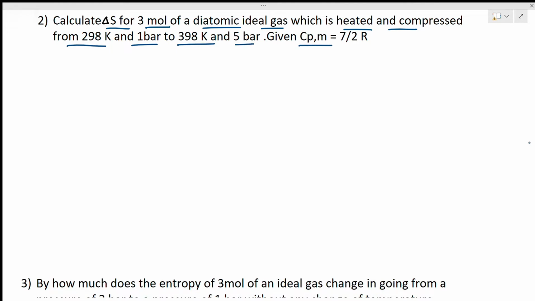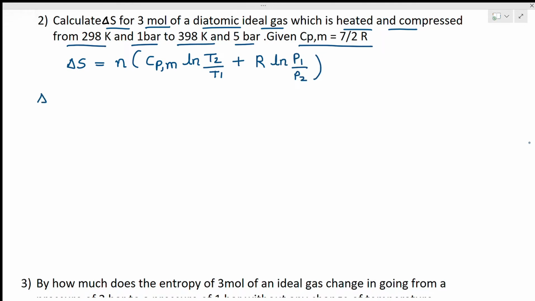We are given CPm is equal to 7 by 2 R. So temperature T1 is 298 Kelvin and T2 is 398 Kelvin, pressure P1 is 1 bar and P2 is 5 bar, n's value is 3 and CPm is 7 by 2 R. Now we use the general formula for the entropy change, n CPm natural log of T2 by T1 plus R natural log of P1 by P2. Now just put the values.